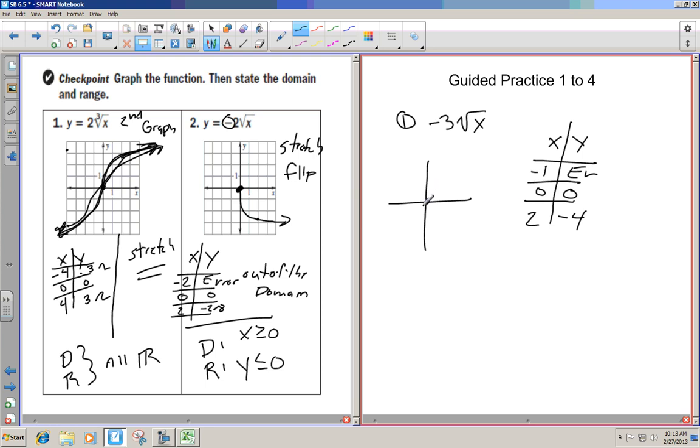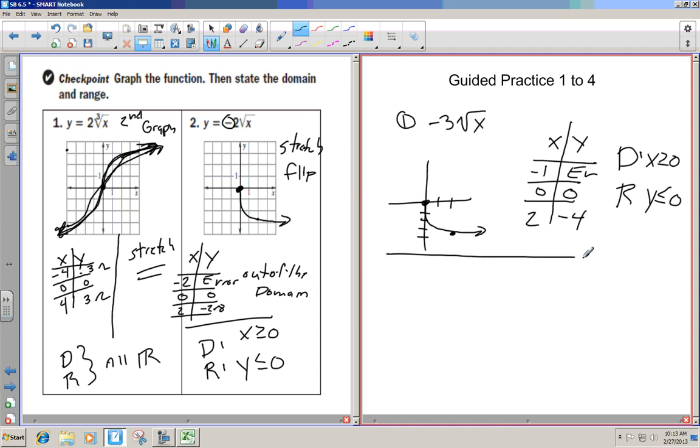So that means we've got 0, 0, 2, 4. You got a graph that looks like this. So what is the domain? Even looking at the table, looking at the graph, you know that x has to be greater than or equal to 0. Looking at the range, it goes down from the origin, so it's less than 0.